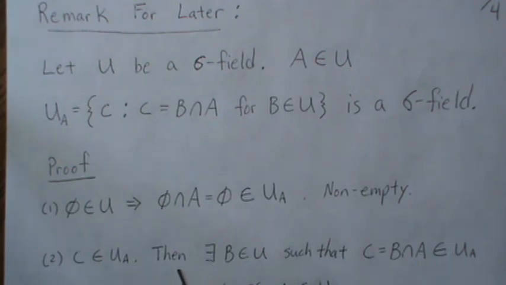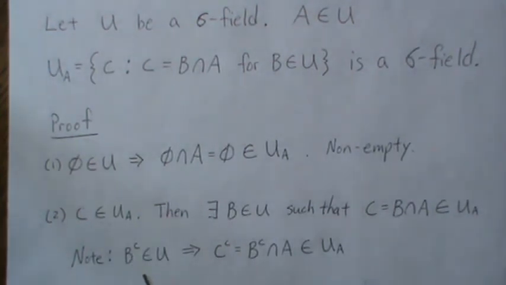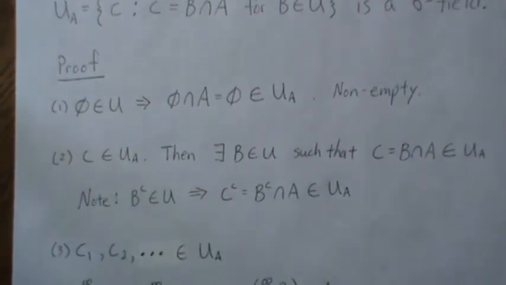So if C is in UA, then there exists a B in the original sigma field U such that this condition holds. Now we know that B complement is in this sigma field because it's a sigma field, and so if we let C2 be this complement, that intersection we call C complement, it also has to be in UA. So C and C complement are in our sigma field.